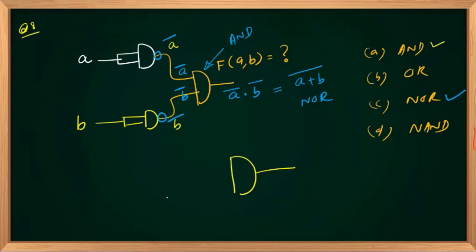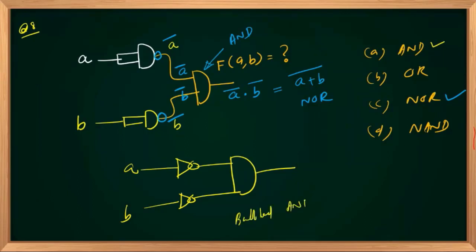Or I can replace that gate with a NOT gate. Shorted NAND acts as a NOT. Similarly here also, right? So this is nothing but bubbled AND. Bubbled AND is the same as NOR that we have learned earlier. Yes, that is also correct.